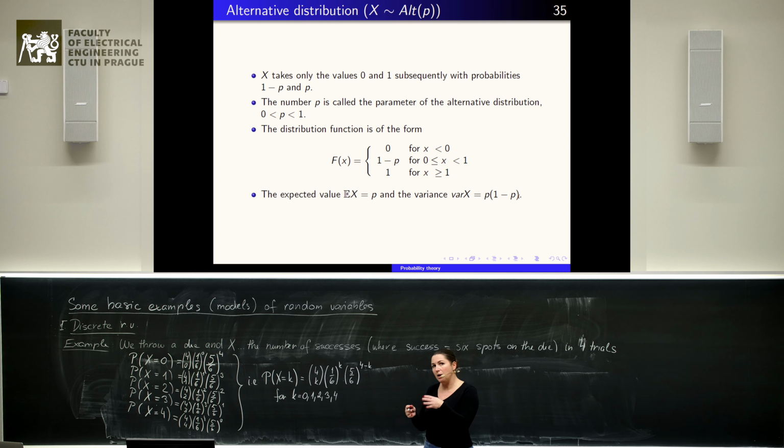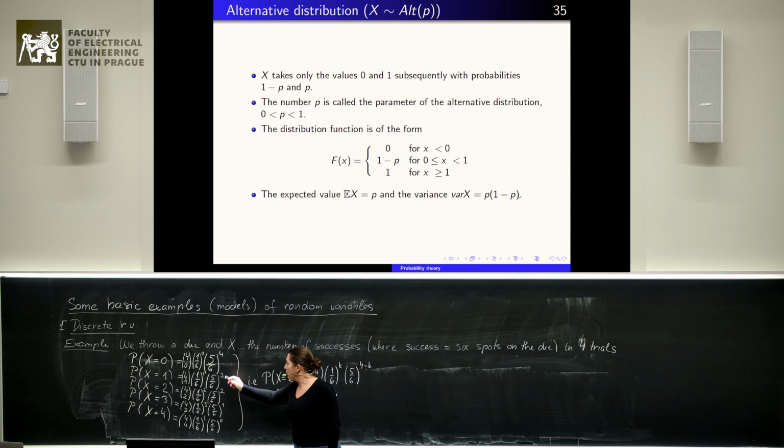And this is the way how to distribute the total amount of probability 1 among the values taken, 0, 1, 2, 3, 4. That's it. How can we prove that the sum is equal to 1? You can use the binomial theorem.